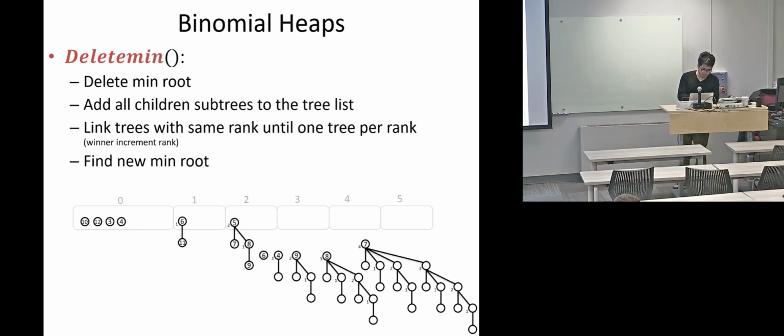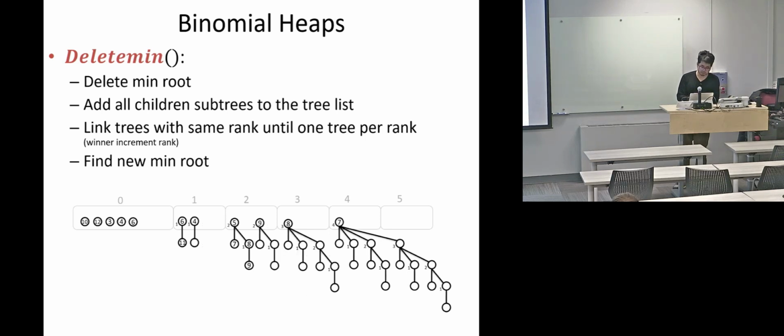The children here, add them to the list here. This should be added to here, and so on. And now we just keep linking the trees with the same rank. So this guy has the same rank, so we link them. And this now has rank 1. It used to have rank 0.